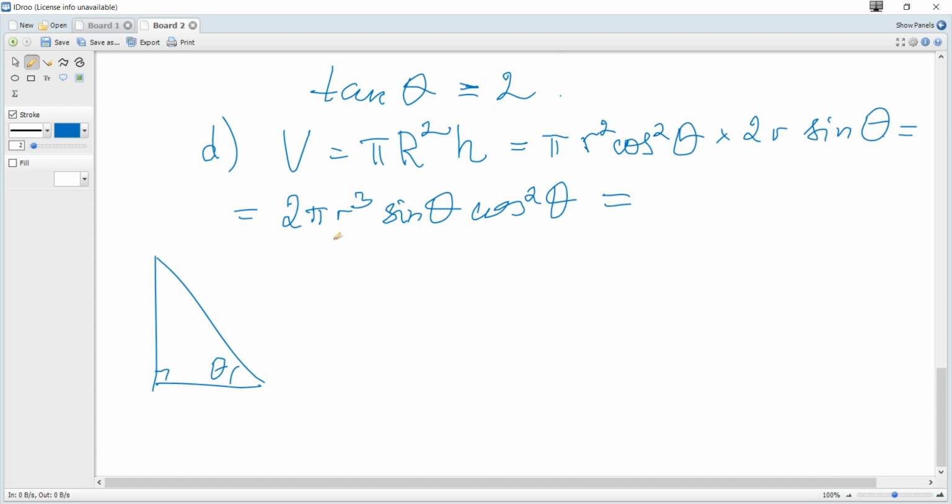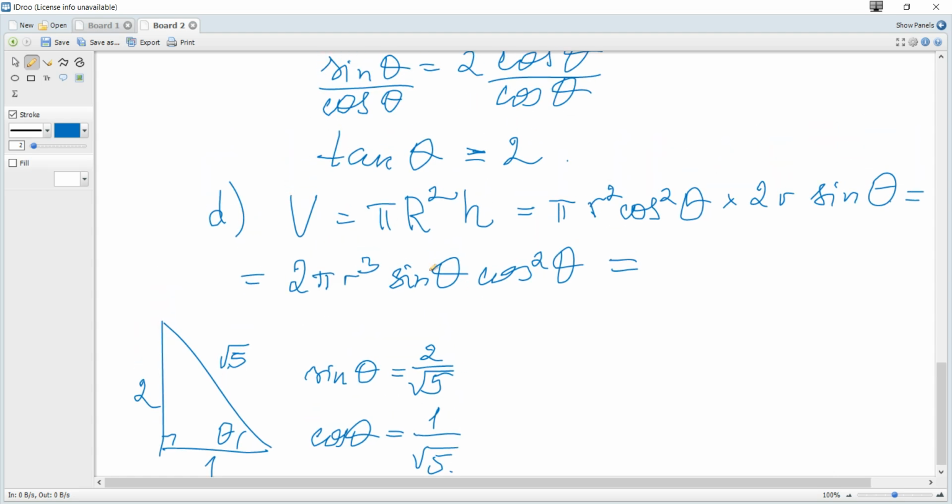Tangent is opposite over adjacent, and we can take absolutely any ratio equal to 2, for example 2 and 1, and calculate the third length with the Pythagoras theorem, and it's root 5. Hence sine of theta, by definition, is 2 over root 5, and cosine of theta is 1 over root 5.